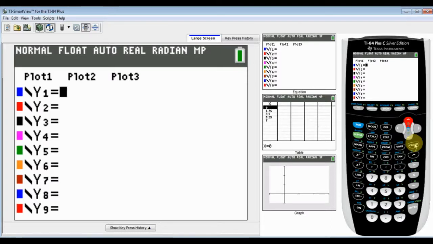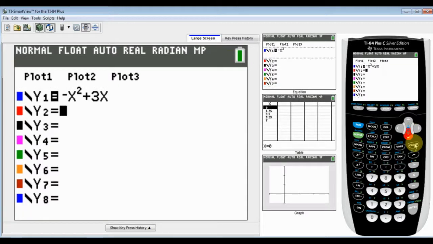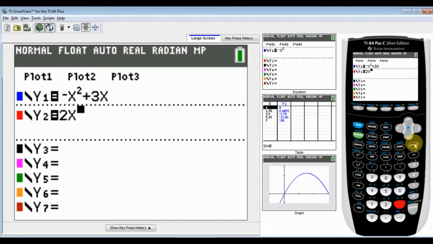Negative x squared plus 3x. Negative x squared plus 3x. 2x cubed minus x squared minus 5x.